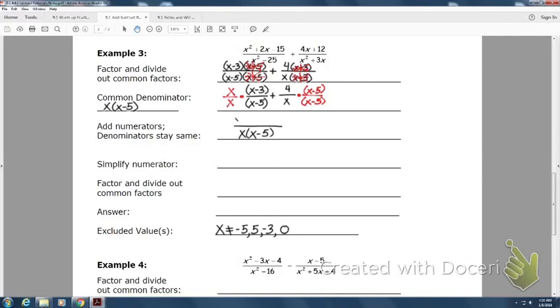So I have x times x minus 3 plus, do not forget the operation in between the fractions, 4 times x minus 5. And then we'll just need to go through and simplify that.